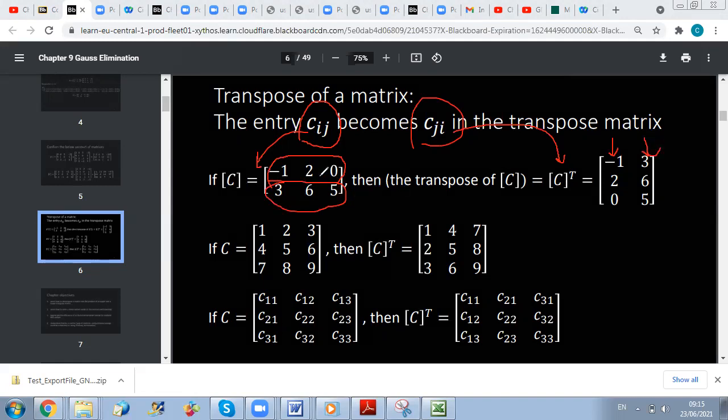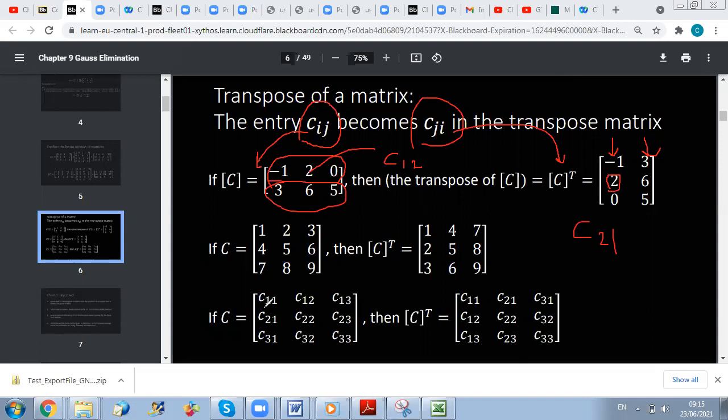And you can verify that for any element, this element here was C12. In the new matrix it will become C21, and we can verify this. It was in the first row, second column. Now in the transpose, it is in the second row, first column.